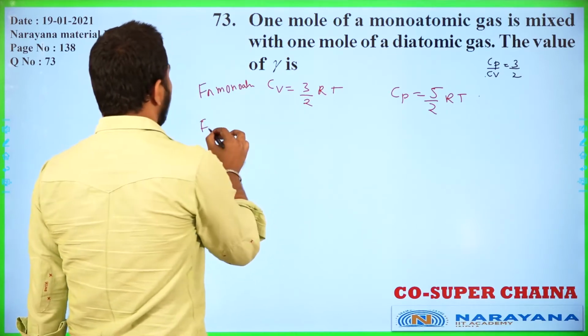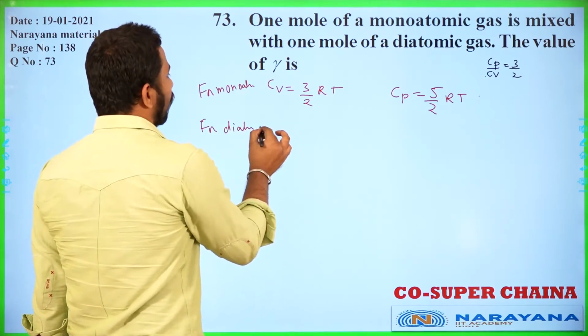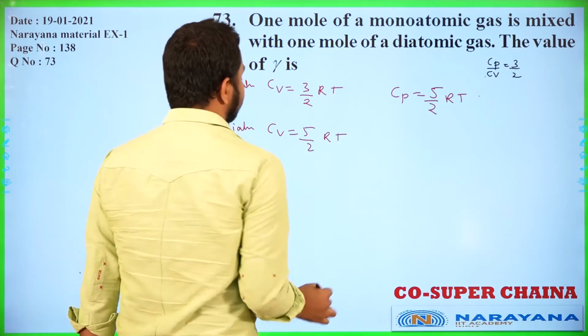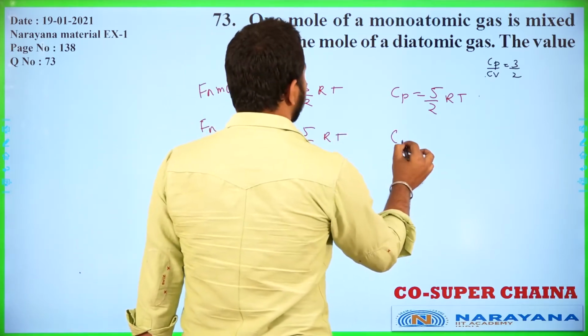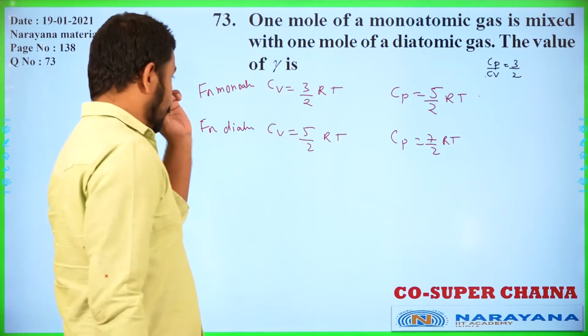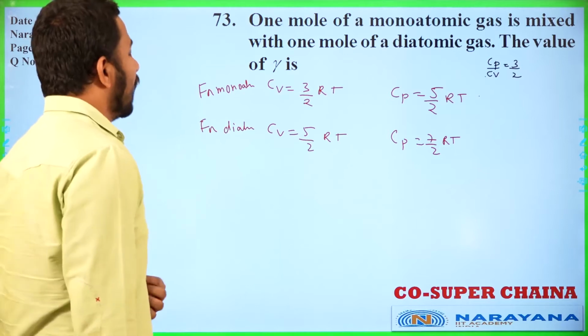And if we write for diatomic, student, Cv will be 5 by 2 RT and Cp will be 7 by 2 RT, right? Now we need to calculate the value of gamma in this question.